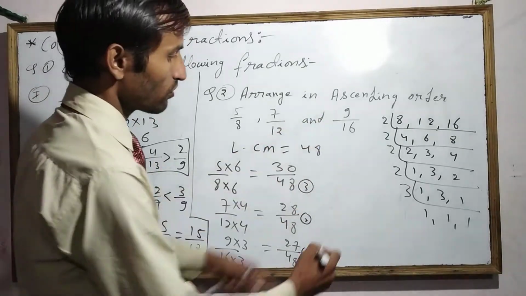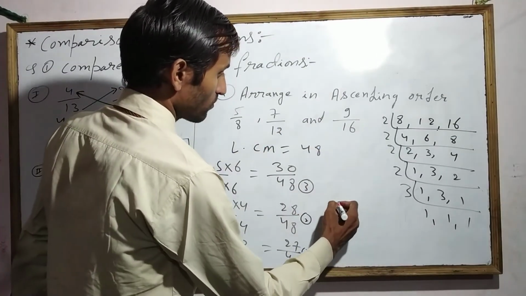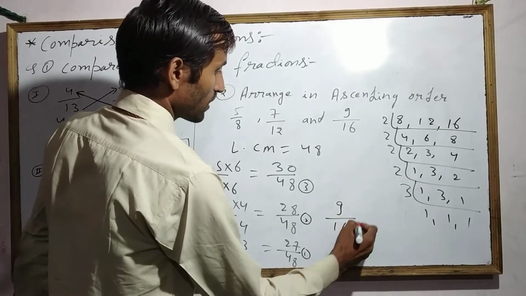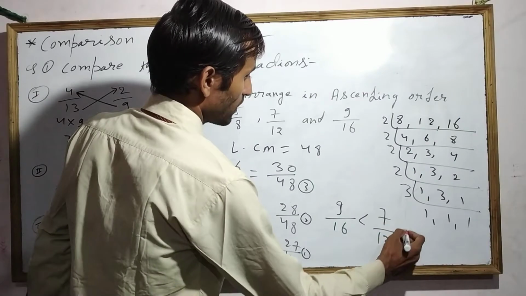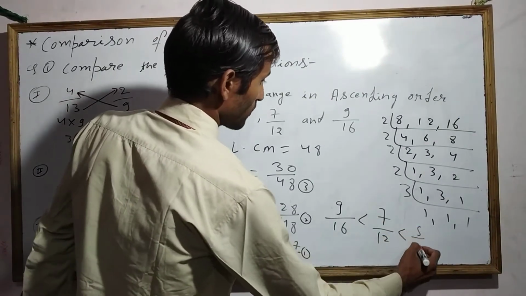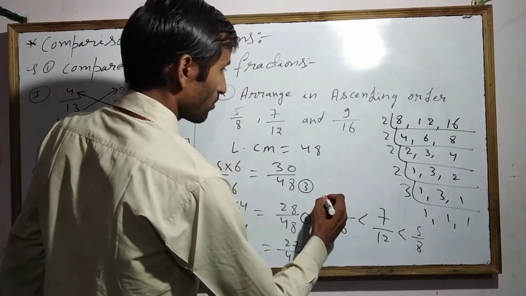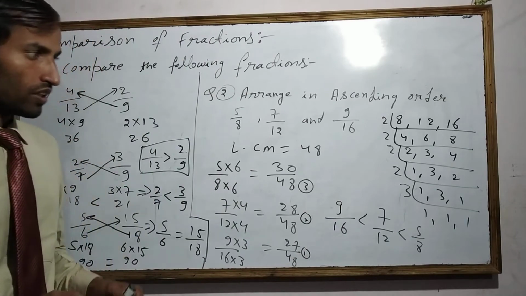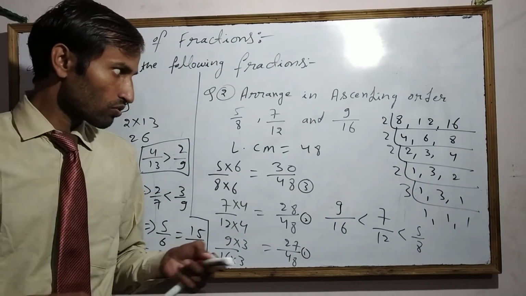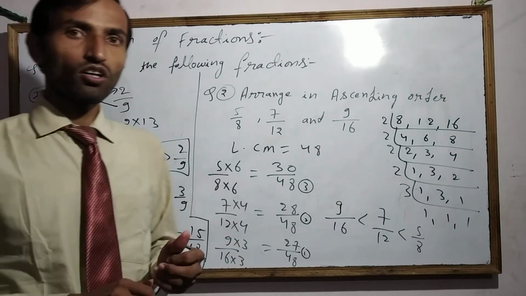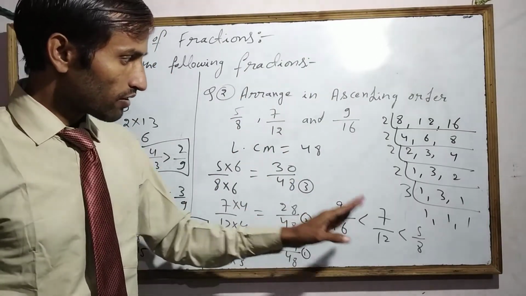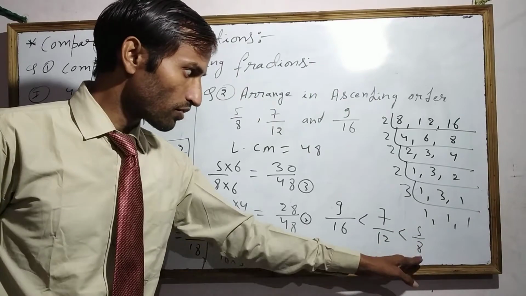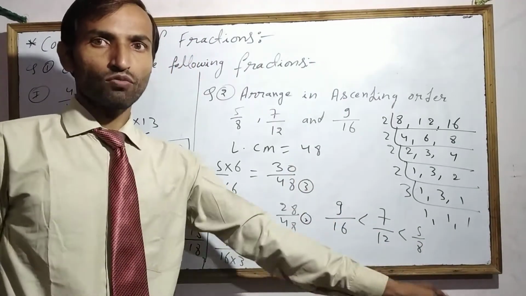So 9 upon 16 will come first. 9 upon 16 is less than 7 upon 12 is less than 5 upon 8. This is the correct ascending order. This is how you have to do it. If descending order comes, the same process is followed, but we write greatest to smallest.